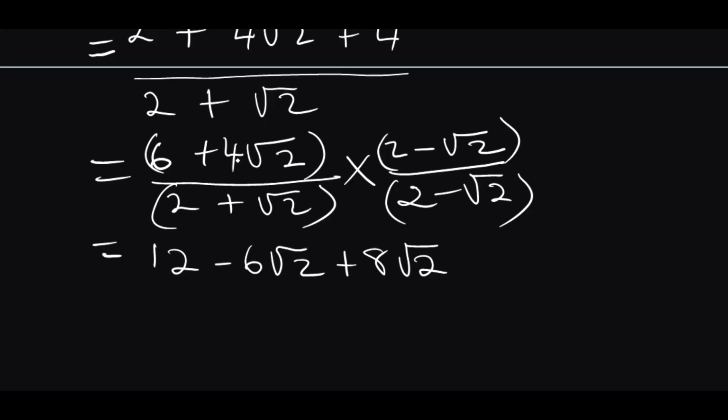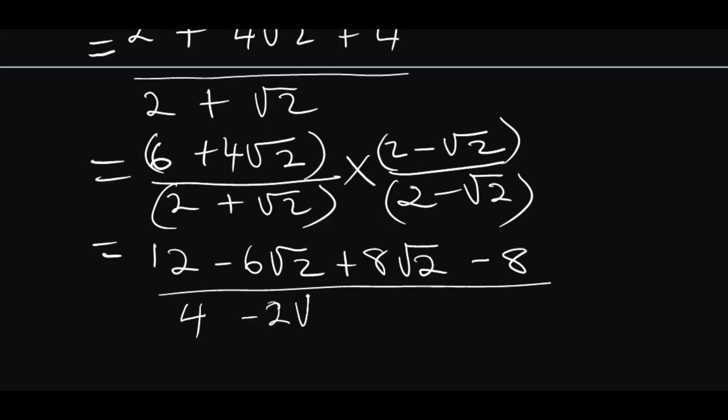Then 4 square root 2 times negative square root 2, that is square root of 2 times square root of 2, that is 2. 4 times 2, that is negative 8 all over 2 times 2, that is 4. 2 times negative square root 2, that is negative 2 square root 2.